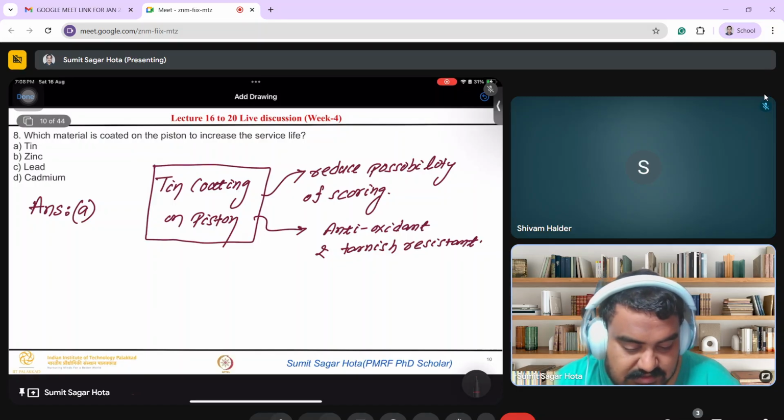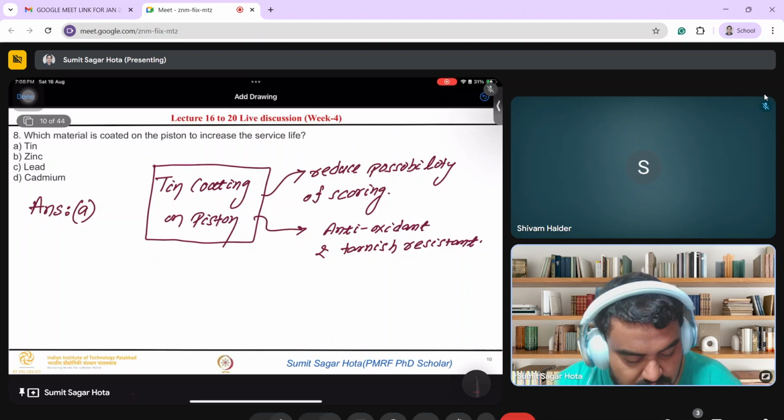Because of these advantages, tin coatings are used on the piston to increase the service life.